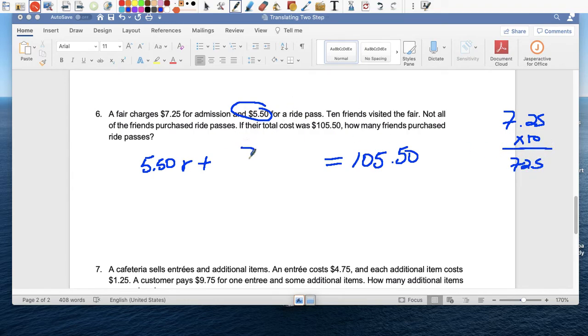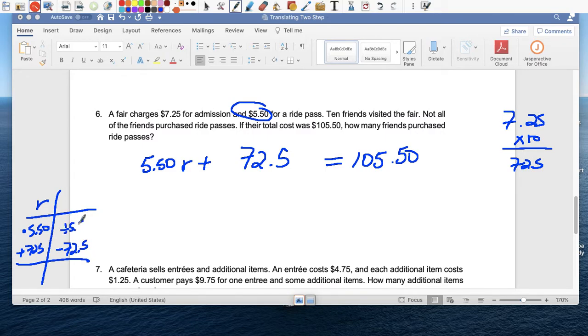So the admission for everybody, I know that. So do your little story: R times 5.50 plus 72.5. So we're going to subtract 72.5 and then divide by 5.50.